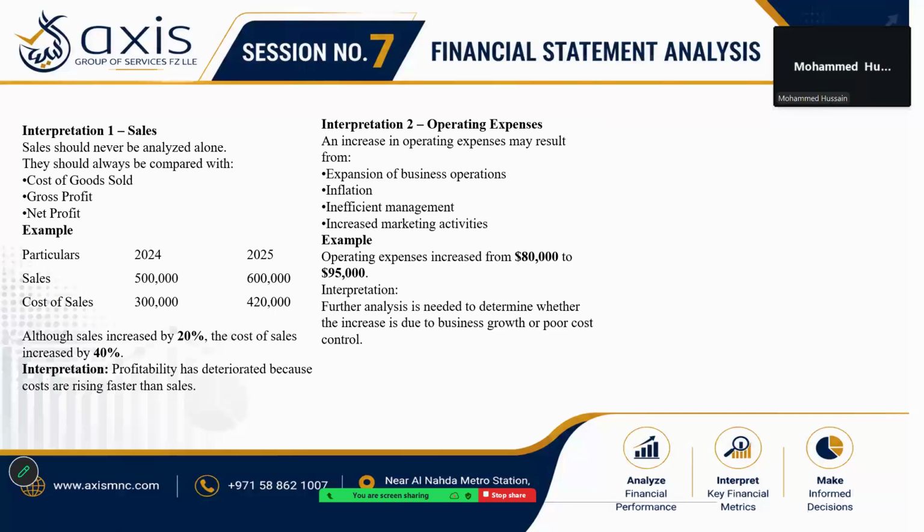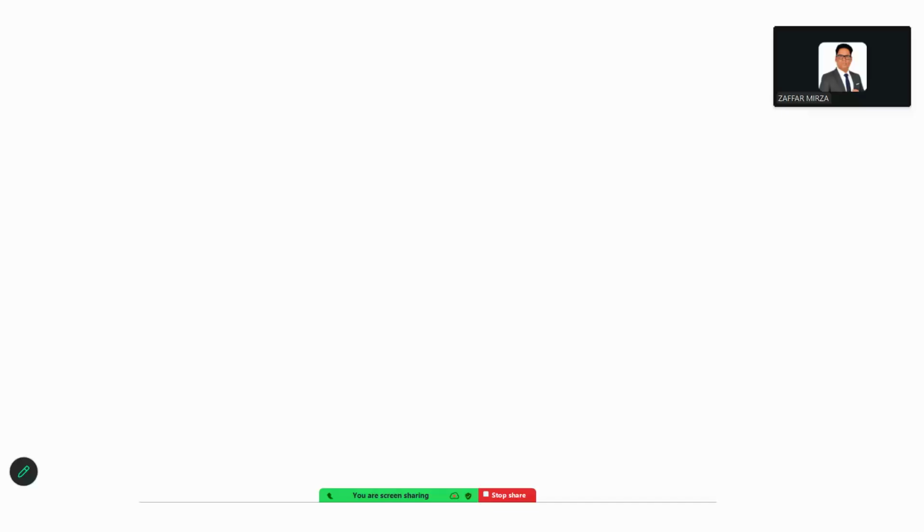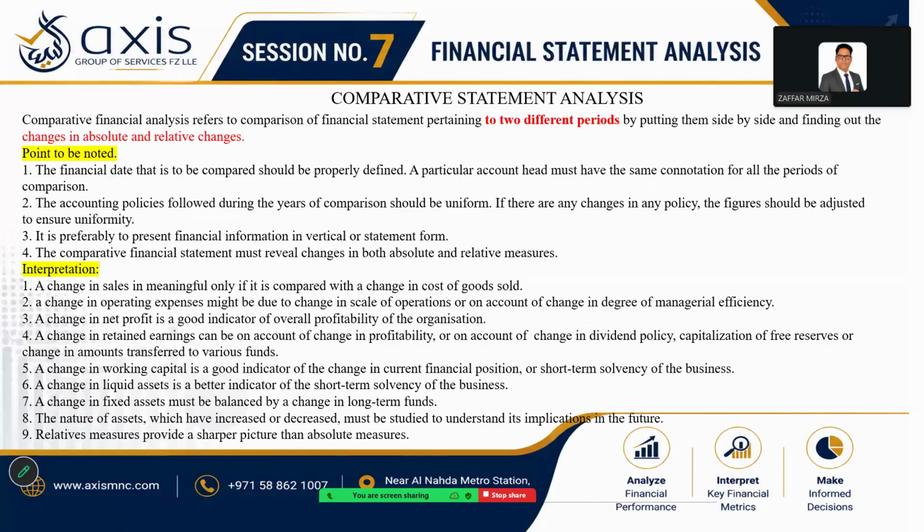The formula is current year minus previous year divided by previous year into 100, for both. Means sales are rising 20% while expenses are rising 40%. Interpretation: profitability has deteriorated because costs are rising faster than sales. Understood? So inshallah we will learn very clearly, very professionally, the comparative statement analysis with the interpretation.